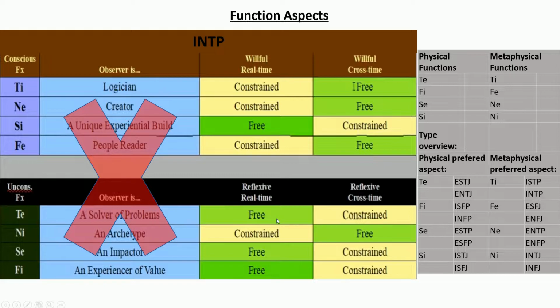Let's say with NI. Oh no, FE's a good one to explain. With FE, let's say you're interacting with someone, and the physical aspect of that would be making that interaction go smoothly, making the other person feel a certain way maybe, or giving off a certain vibe.